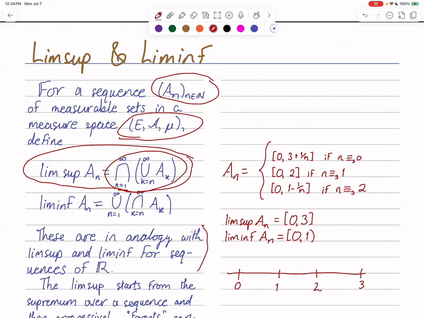And so, in effect, that has the effect of throwing away the early terms. So there's a good analogy in that way with the limsup of a sequence of real numbers.